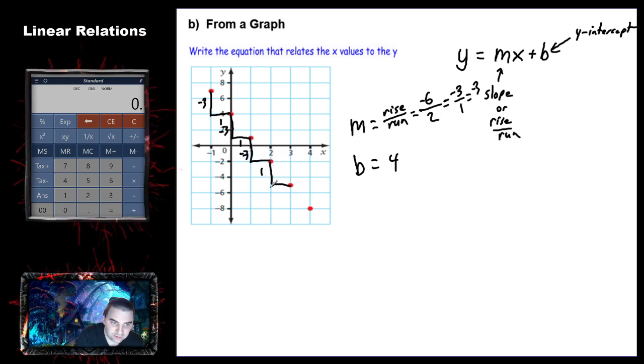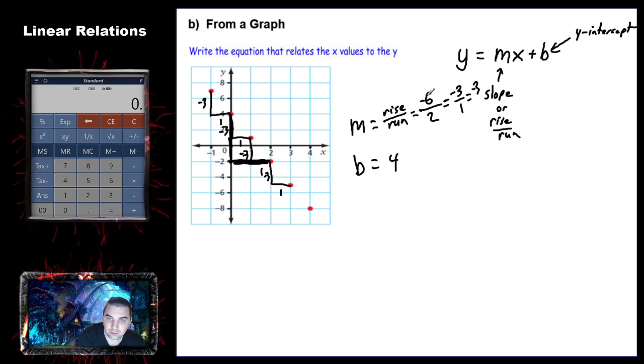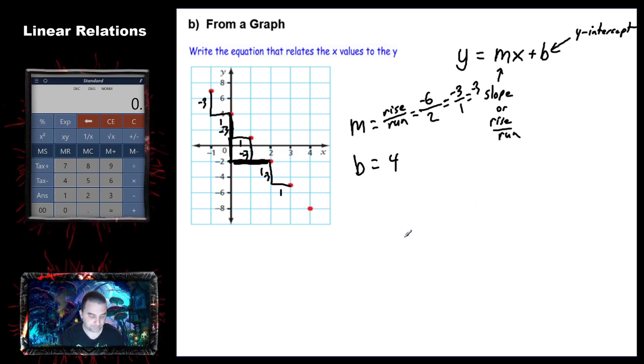Okay, and it kind of continues. So you can always look at it like that as individual steps. But at the same time, we can double a step. We can say for 2 steps to the right, 1, 2, it went down -3 and -3, so that's a total of -6. Right? So they're equivalent there.